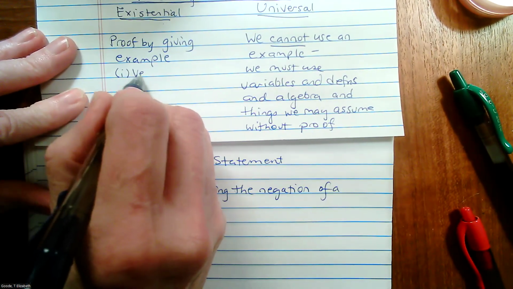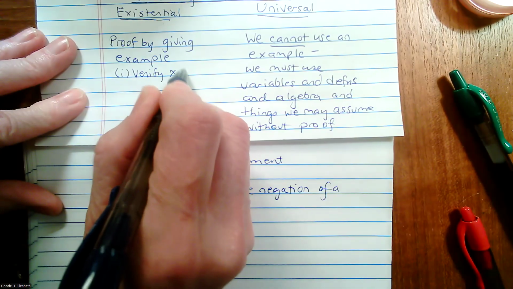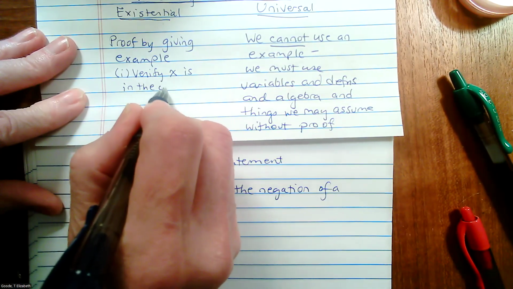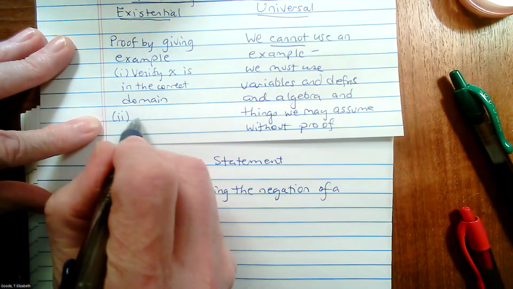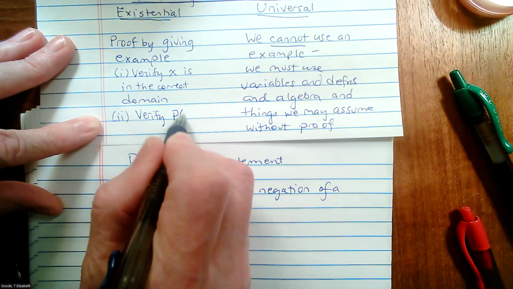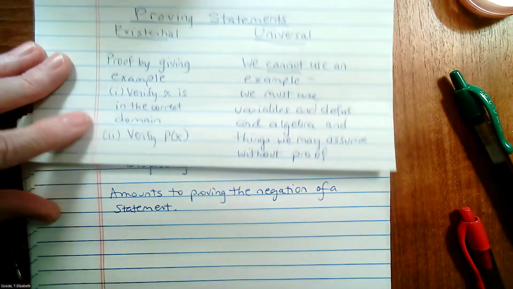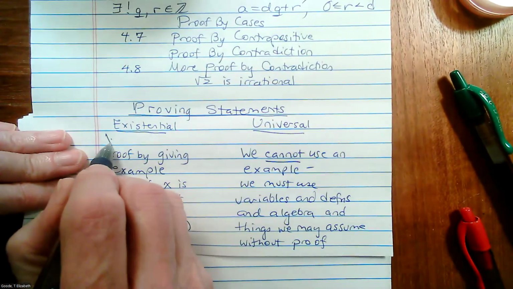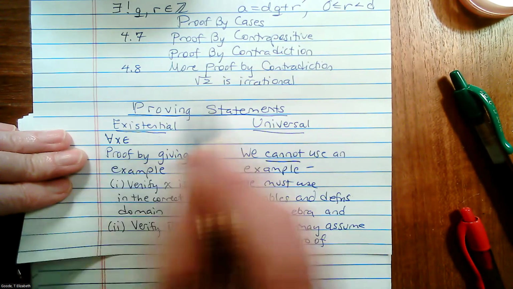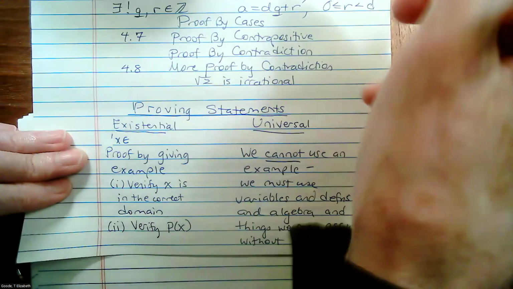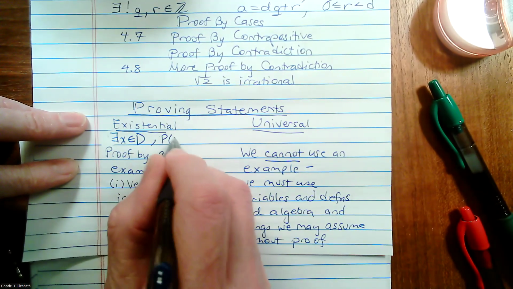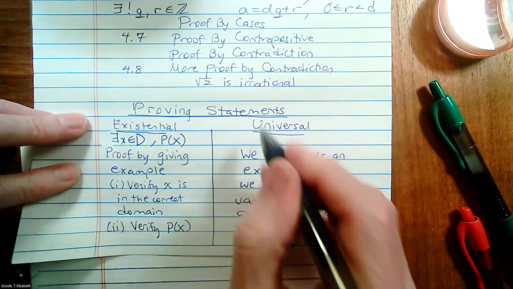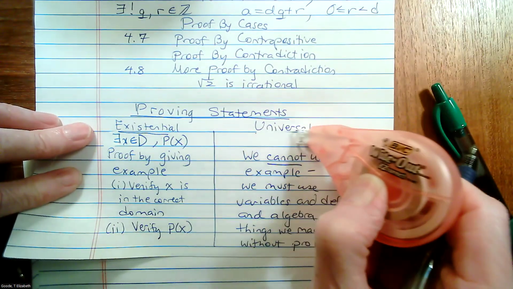Here, you have to verify X is in the correct domain, and then you go ahead and verify P of X, whatever the property is. An existential statement looks like: there exists an X in some domain D such that P of X. Whereas a universal statement can always be written as an if-then statement.